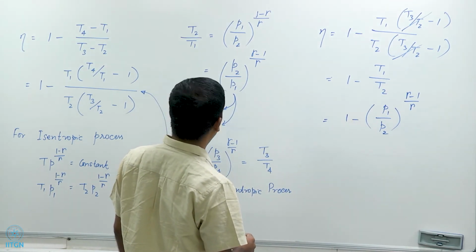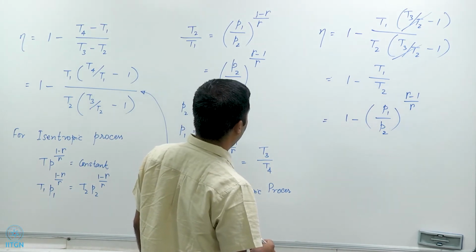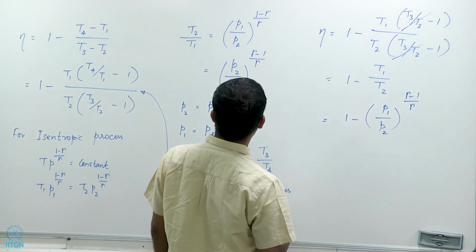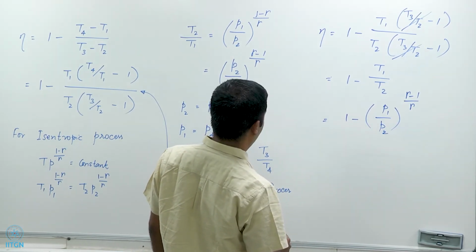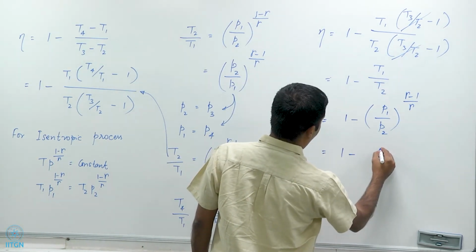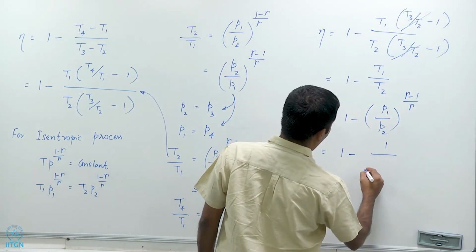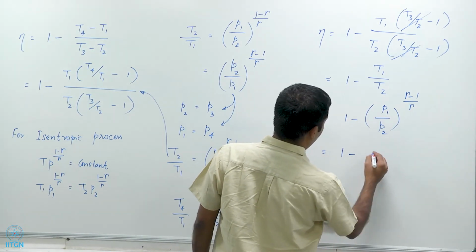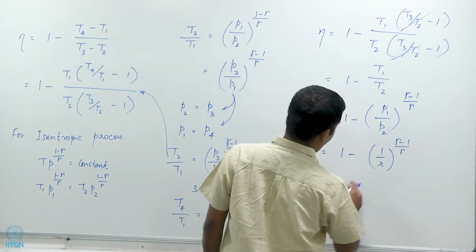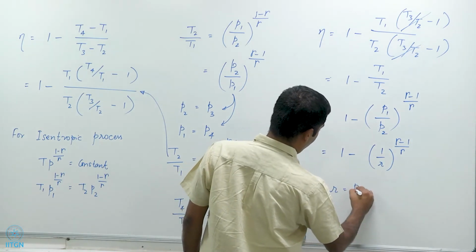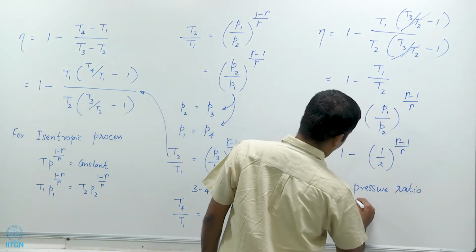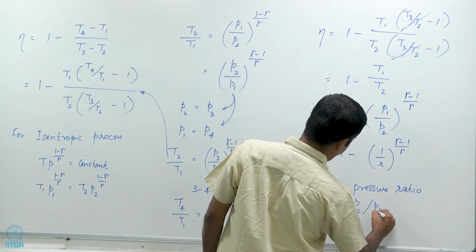Sorry, T1 by T2 is (P1 by P2) to the power gamma minus 1 by gamma, or this is 1 minus 1 by r to the gamma minus 1 by gamma, where r is the pressure ratio, P2 over P1.